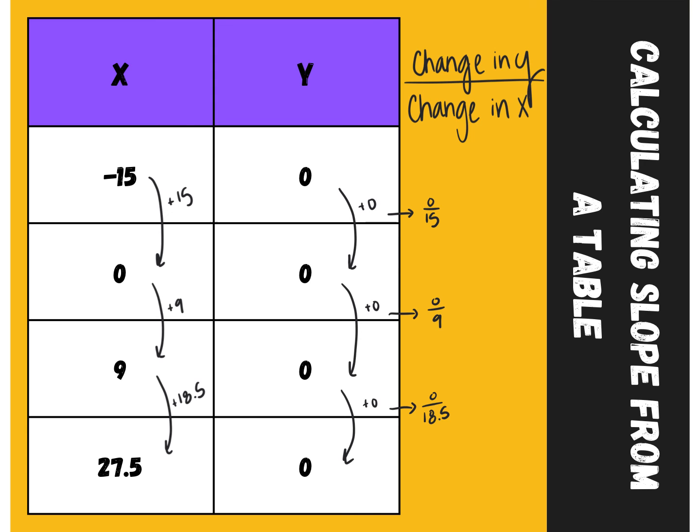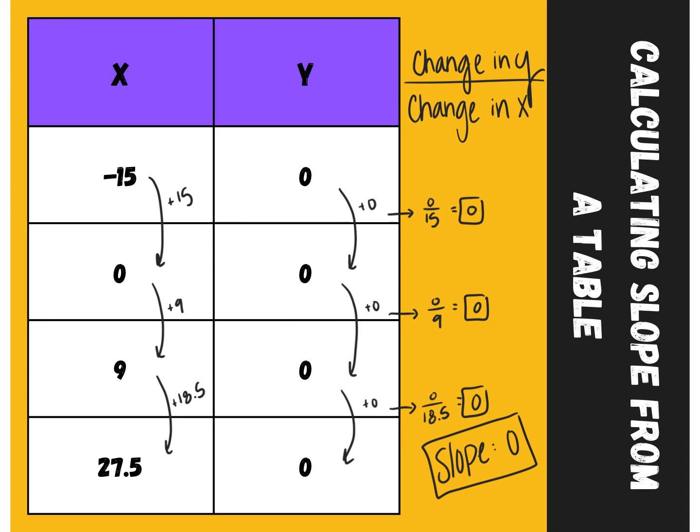And if I have 0 of something and I split my 0 things into 15 groups, I still have 0 things. If I have 0 of something and I try and split my 0 things into 9 groups, I still have 0. 0 divided by anything is 0, which tells me that the slope here is 0. Now again, remember, this doesn't mean it's not a linear relationship, but it is a very specific kind of line.